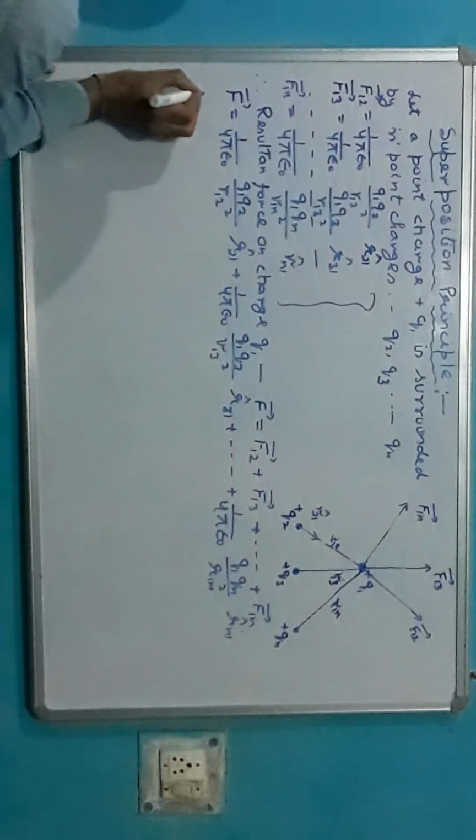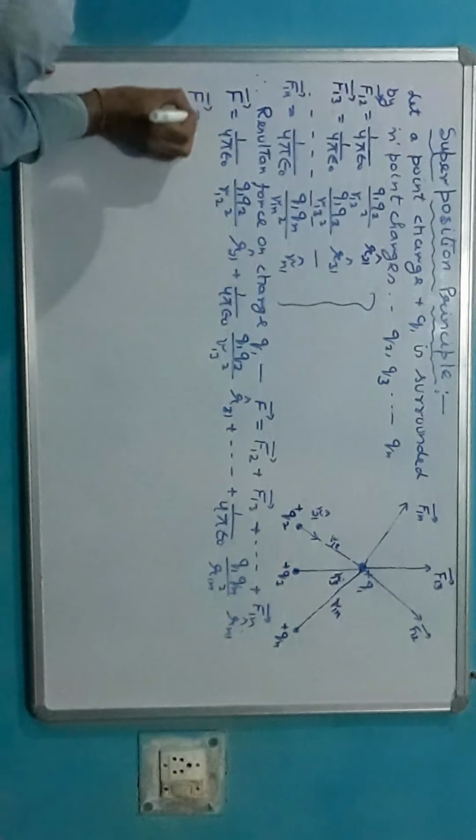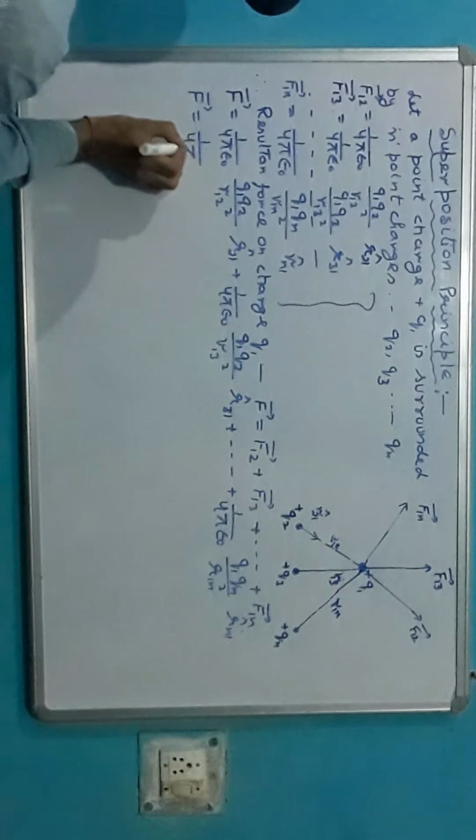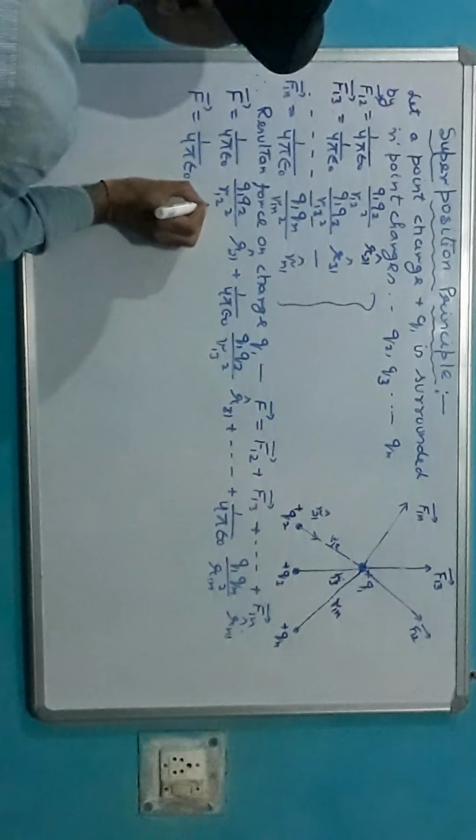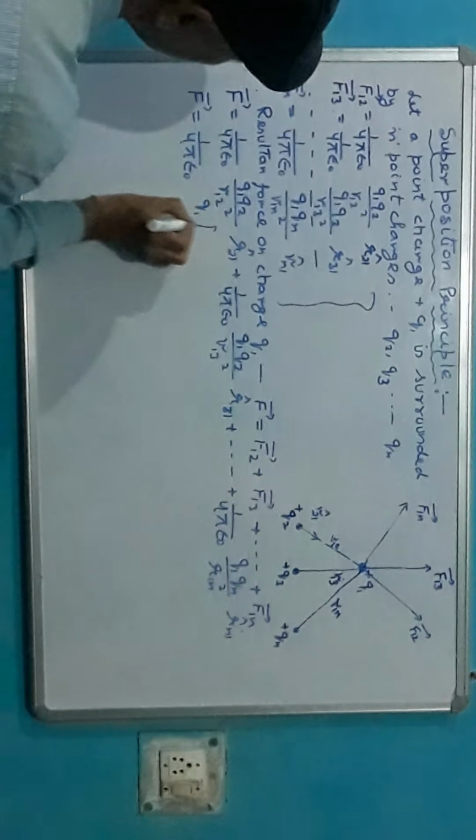Now in the next step I can take common 1 upon 4 pi epsilon naught Q1 outside.